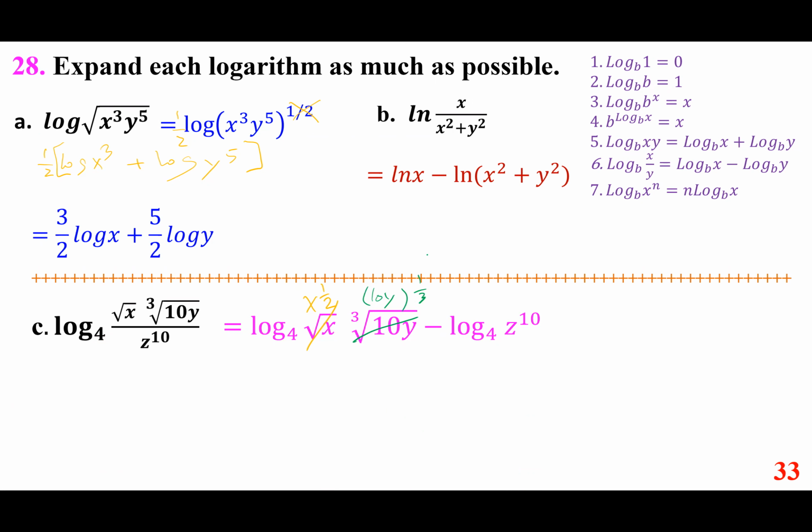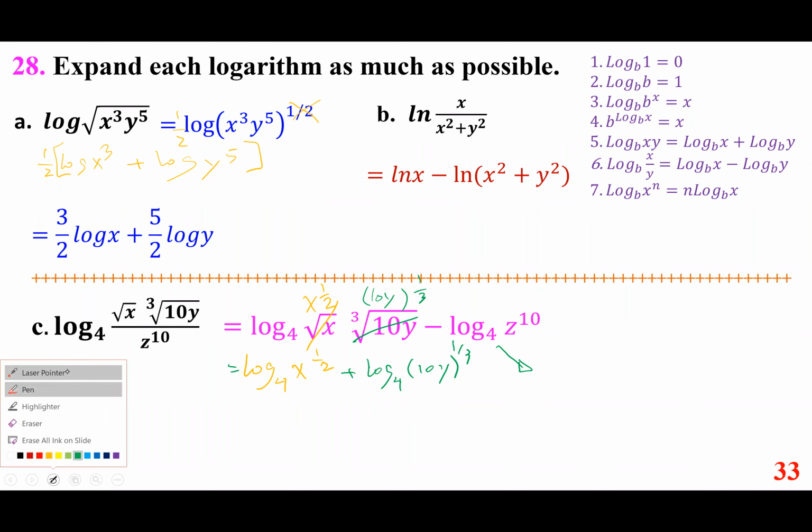And so what we have here, let's just separate them. Log base 4 of x to the power of 1/2 plus log base 4 of 10y to the power of 1/3, and you just repeat the last part.